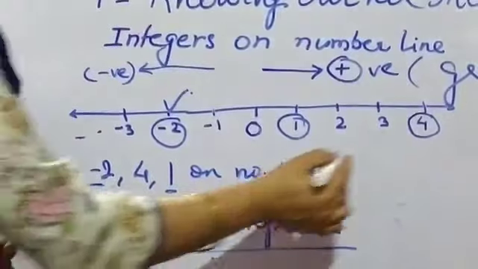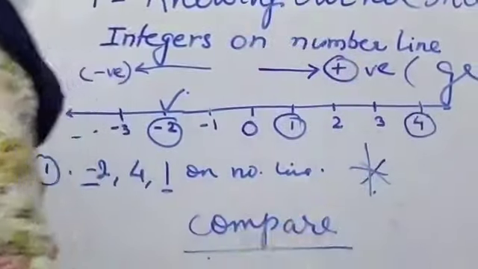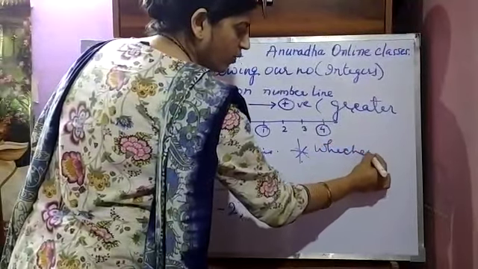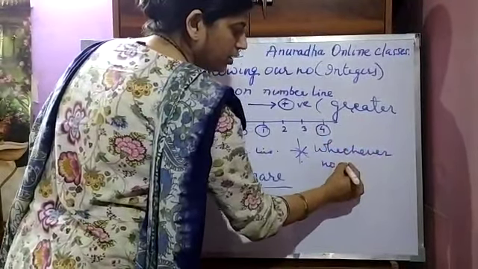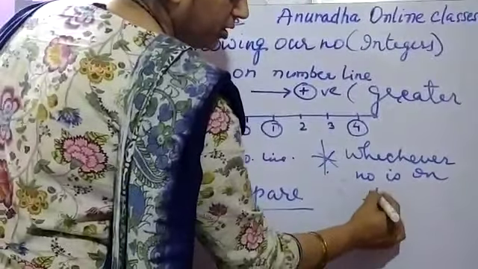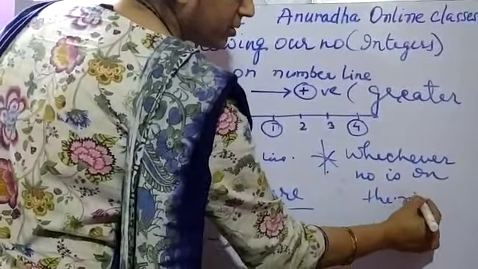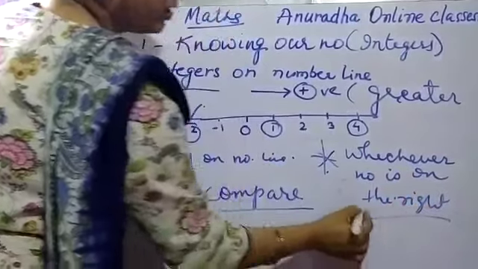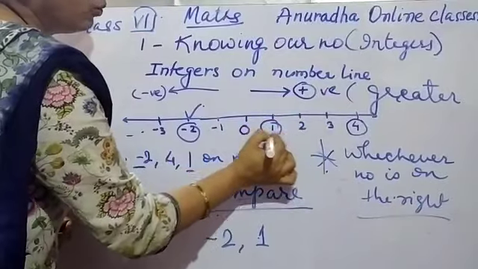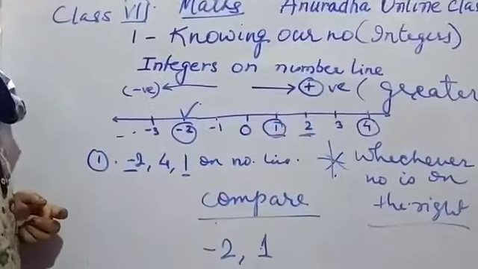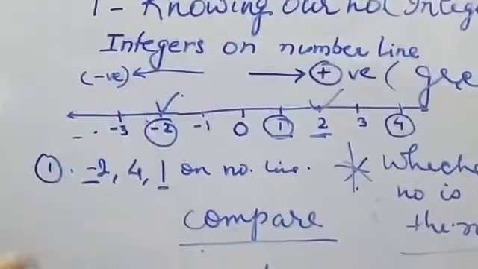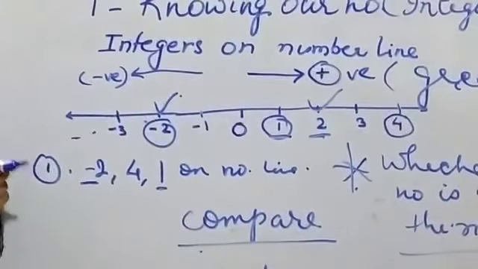And one more very important thing is, whichever number is on the right, that will be greater. Suppose 1 and 2, which is greater? 2 is greater. Okay. Now come to the negative side.